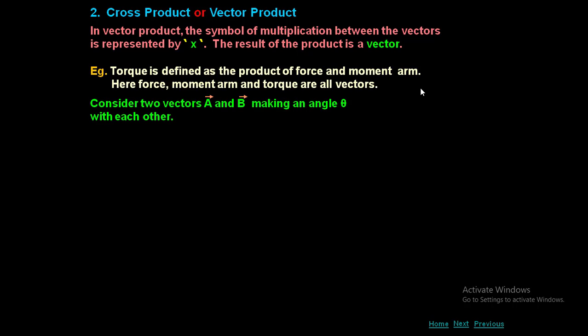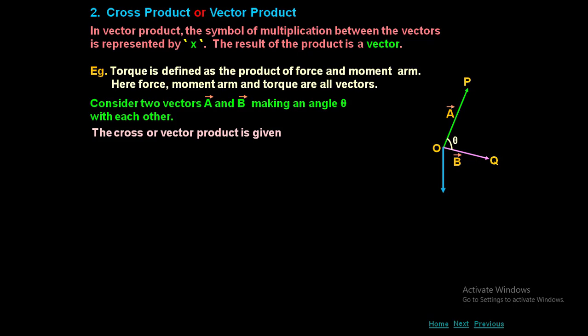Consider two vectors A bar and B bar making an angle theta with each other. Now here you can see OP is nothing but A bar, OQ is nothing but B bar, and the angle between them is theta.